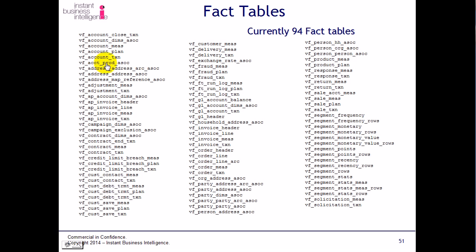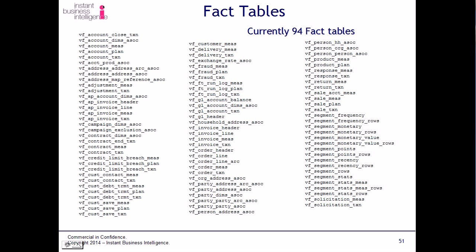Now we have account to product association, so the products that are being used on various accounts. The address to address archive. So we can archive the relationship between addresses over time. So when an address ceases to be related to another address, we archive that. We have the address to address association. We have the address to map reference.